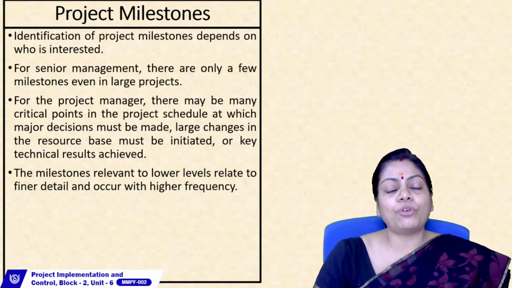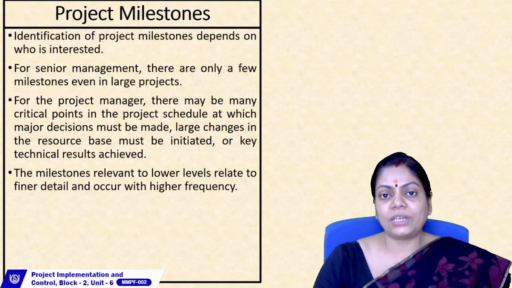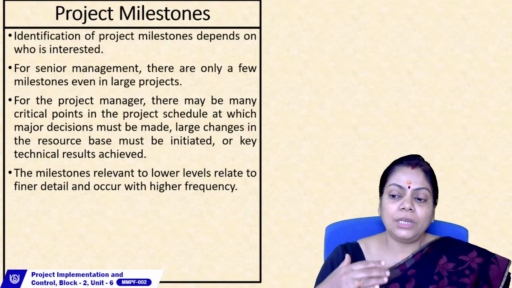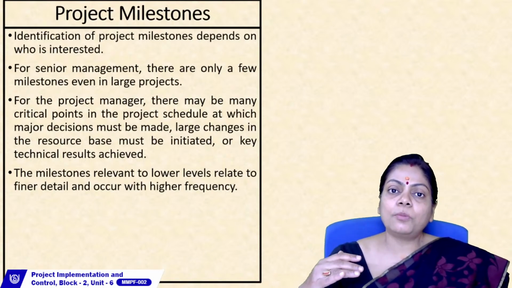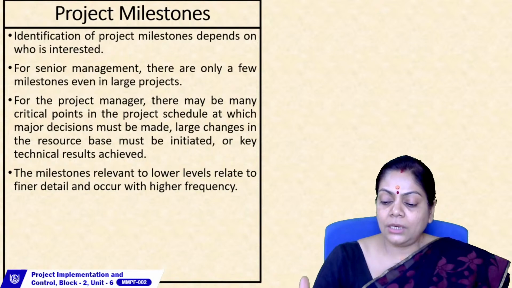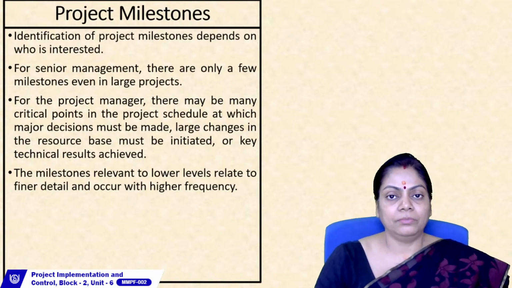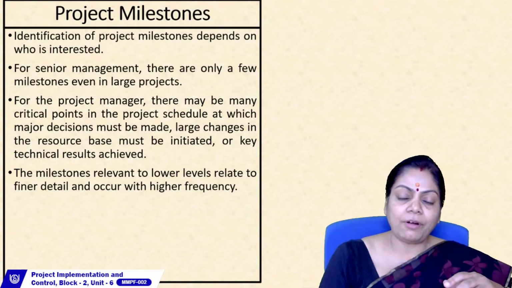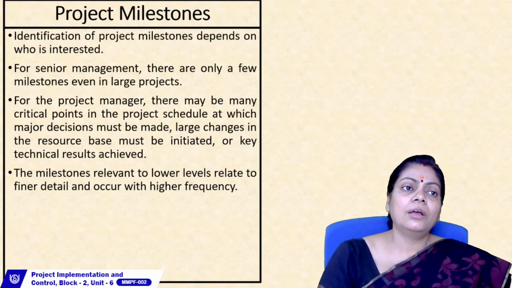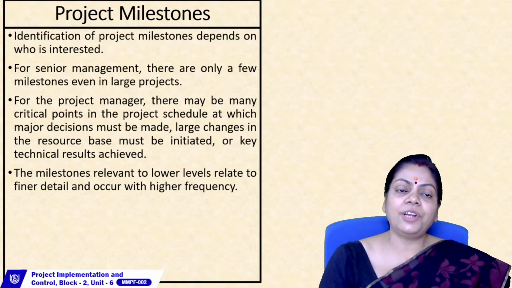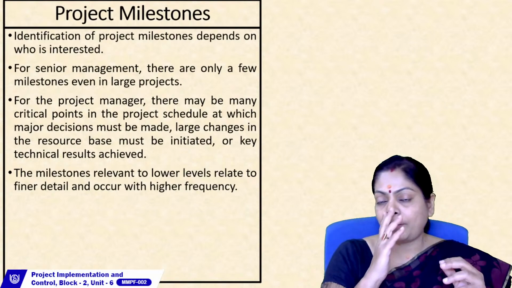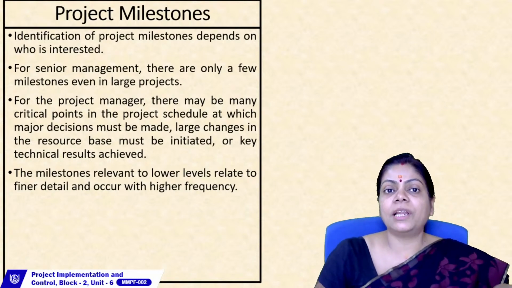For example, if you talk about construction of a house as a project, the first milestone is probably going to be the grade beam. You have the foundation work, suppose you are going for piling activities, you have the pile cap built, then you have the grade beams laid.